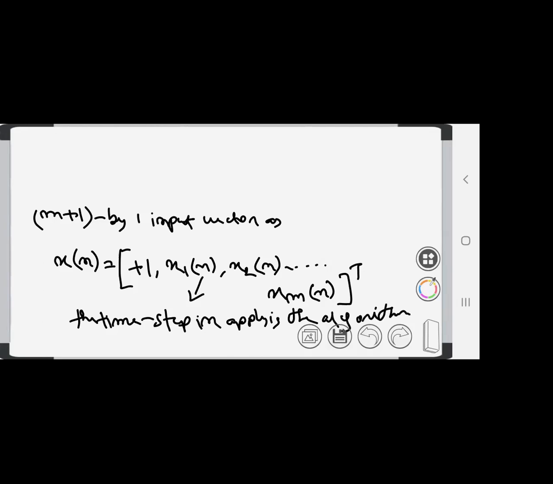This is the input vector, equation number 1, defined as +1, x1(n), x2(n), up to xm(n) transpose, where n is the time step in applying the algorithm.